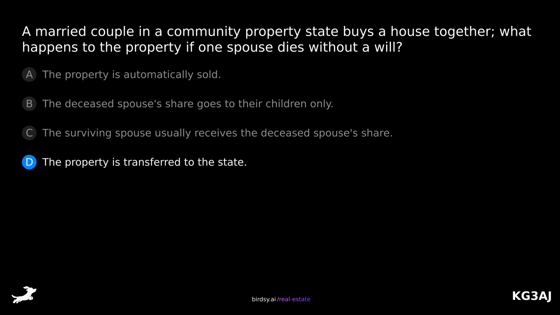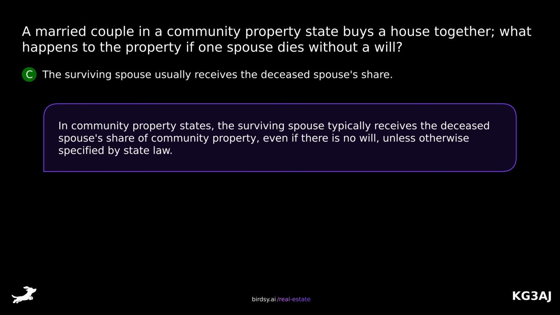Or D, the property is transferred to the state? The correct answer is C, the surviving spouse usually receives the deceased spouse's share. In community property states, the surviving spouse typically receives the deceased spouse's share of community property, even if there is no will, unless otherwise specified by state law.